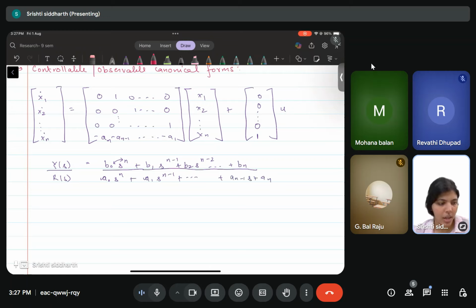So as discussed in the last tutorial session, we begin from here. And in the standard form, we assume that a0 equals 1.